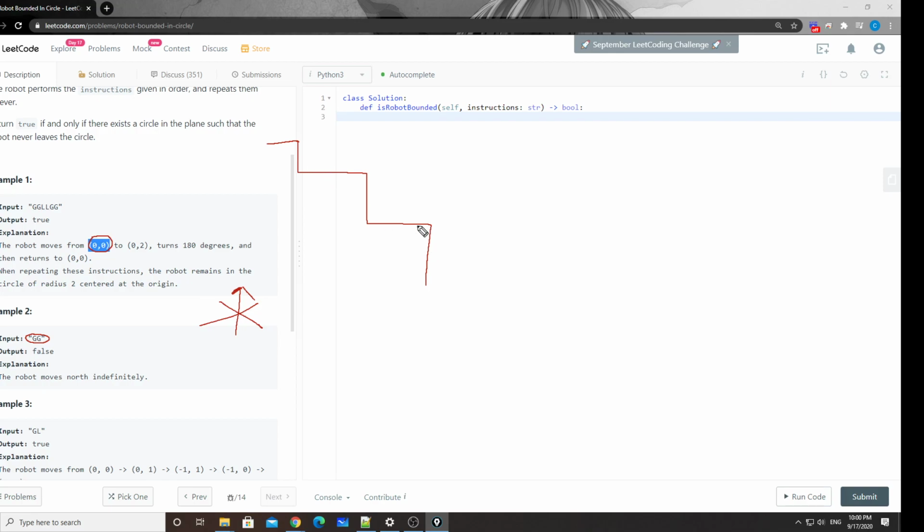It makes sense, because if the last direction is still facing up and it's not at the original position, then from the next repeat it will keep going up, up, up and never end. But if the last direction is facing another way, for example left, then you can rotate.